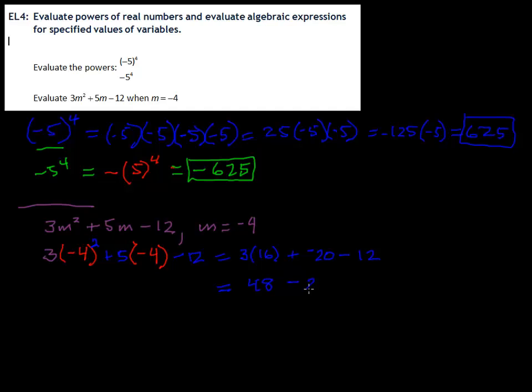Let's just say that's minus 20, minus 12. Now we're going to do left to right. 48 minus 20 is 28, minus 12, and 28 minus 12 is 14. Take it a step at a time, use order of operations, and you'll be just fine.